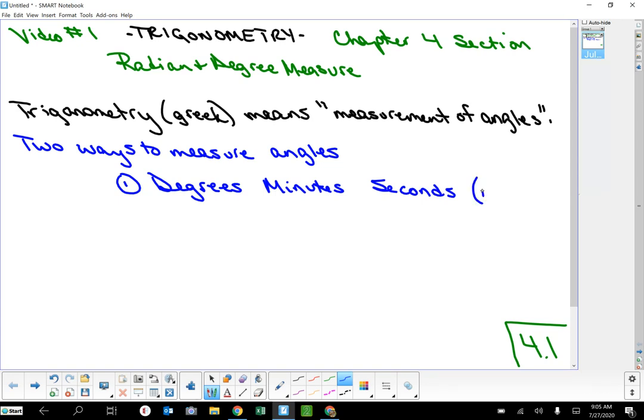And this is used in navigation. So you may have just seen degrees before, but we will be talking about degrees, minutes, and seconds. And then 2, another way to measure an angle is with something called radians. And we're going to introduce those here in this first section of this chapter.